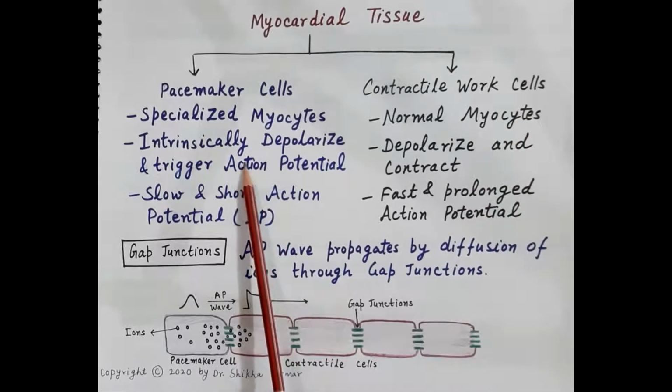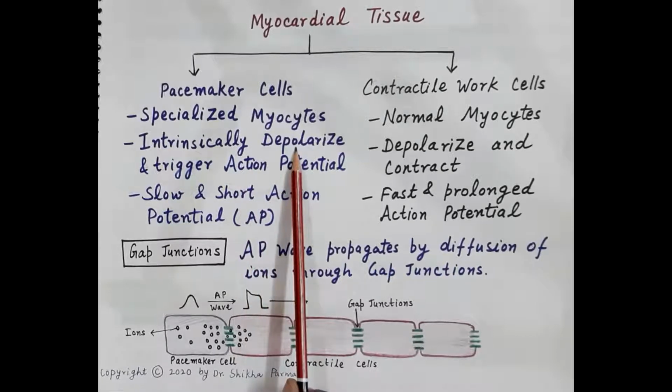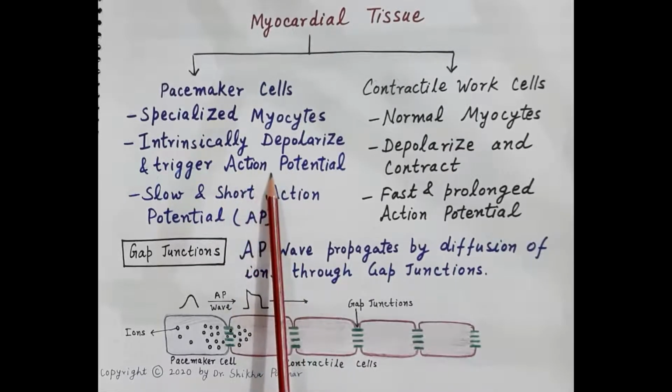The main function of the pacemaker cells is to depolarize, and when they depolarize, they generate an impulse, or in other words, they trigger an action potential.